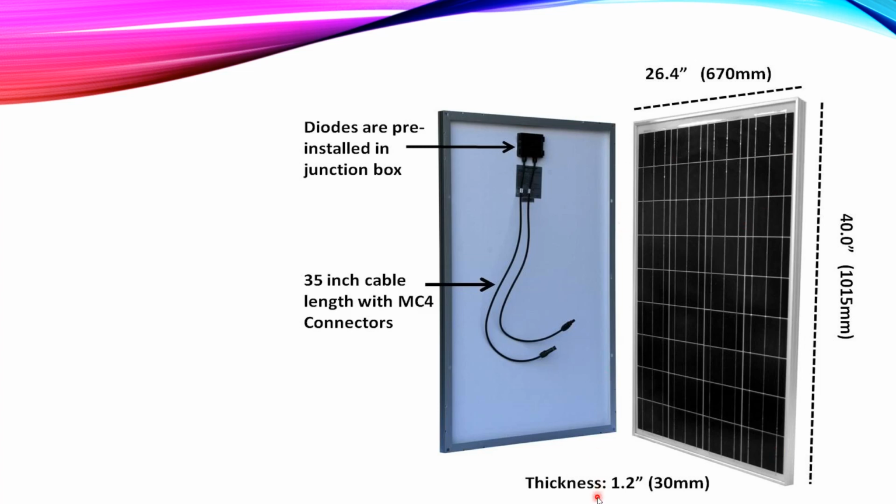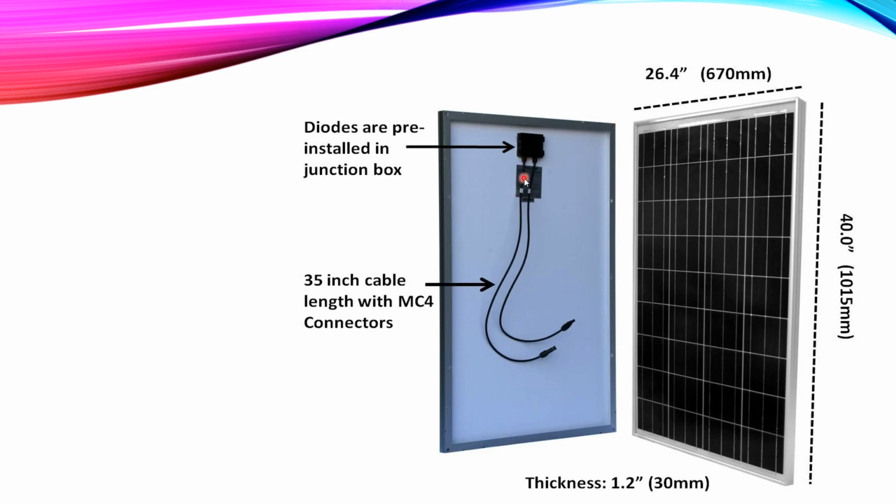This is the front of the panel. At the back of the panel, you will see diodes which are installed in the junction box, which we are going to discuss. The diodes are used to prevent the current from going in the reverse direction at night, for example, from the batteries to the panel.